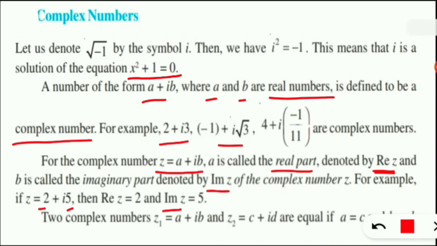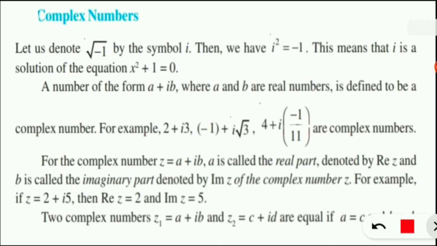Next, two complex numbers z1 equals a plus ib and z2 equals c plus id. If two complex numbers z1 and z2 are equal, then real part equals real part and imaginary part equals imaginary part. So here z1 equals a plus ib and z2 equals c plus id.